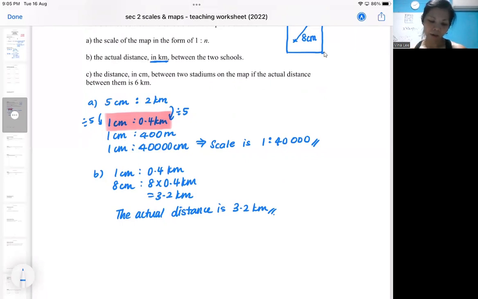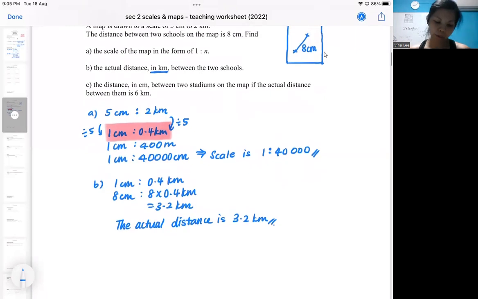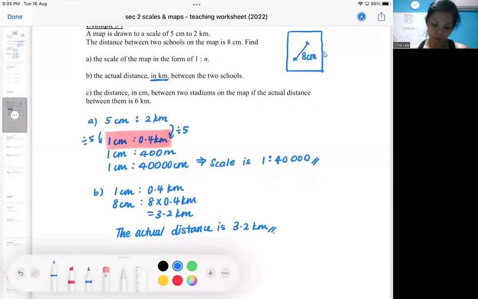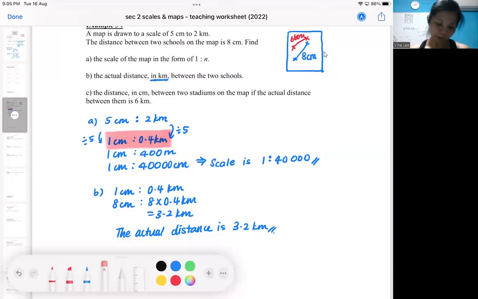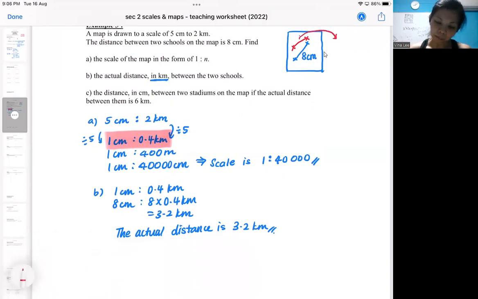Okay, then right now in part C is the reverse. In part C, we got two stadium. So the two stadium is here. Okay, I just randomly draw two stadium. So it's supposed to be 6 kilometer. So right now I know that they are 6 kilometer, but then I do not know what is the actual map distance.